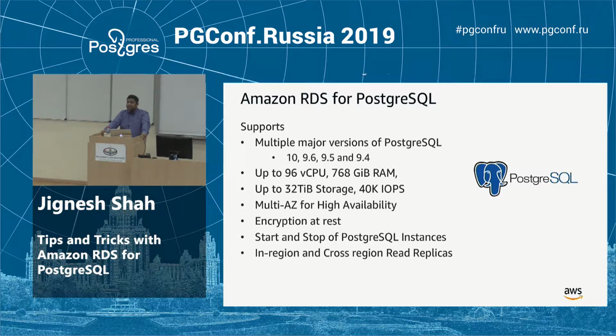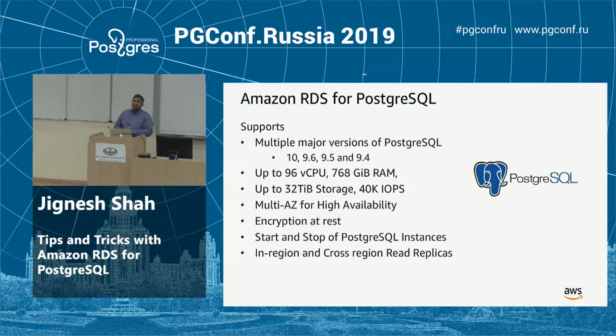We allow an instance to scale up from 1 vCPU to 96 vCPU, so it's kind of a pretty good range of size that you can select. We support up to 32 terabytes. This is kind of just a summary of what I've talked about in the previous slides. We do support multi-AZ for high availability up to 99.95%. We do support encryption at rest to kind of meet your compliance requirements.